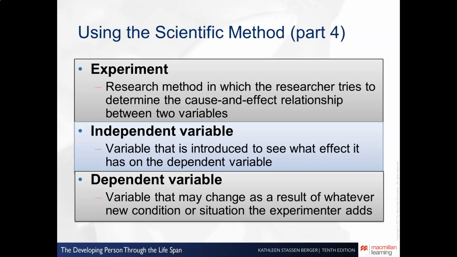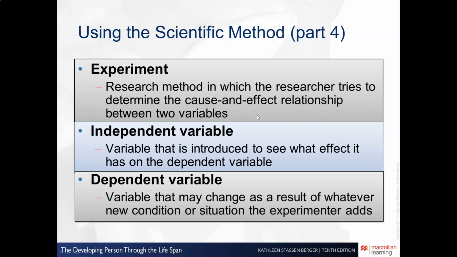Now, here's just a few important terms, actually. Using the scientific method, conducting experiments, etc. But an experiment, here's a working definition, is when the researcher tries to determine the cause and effect relationship between two variables.